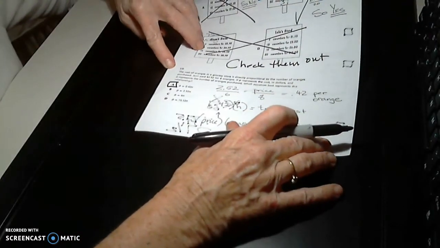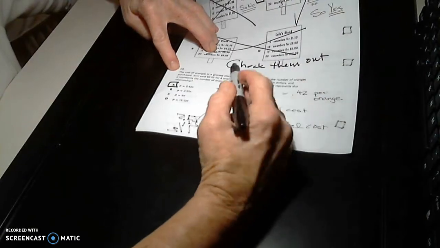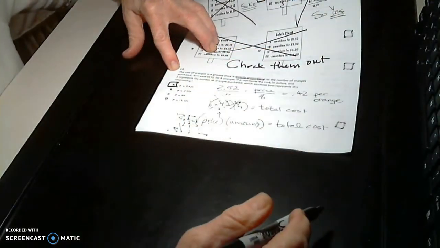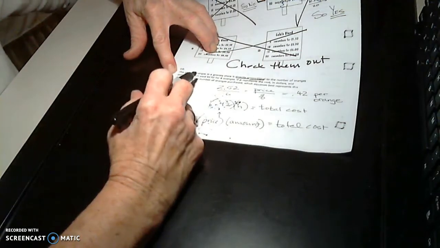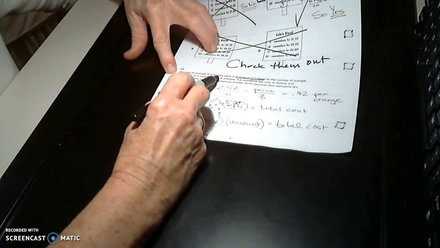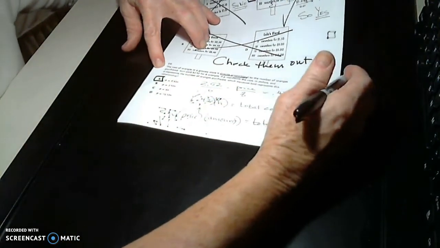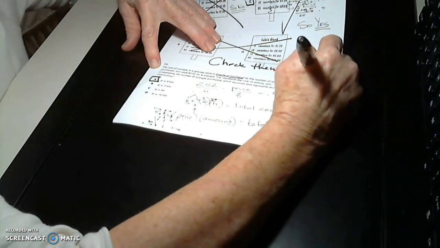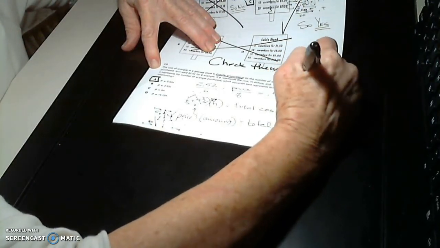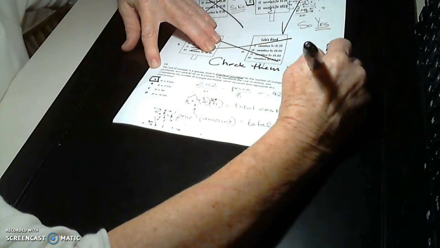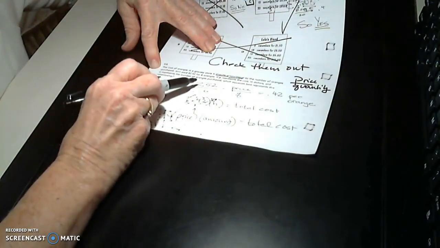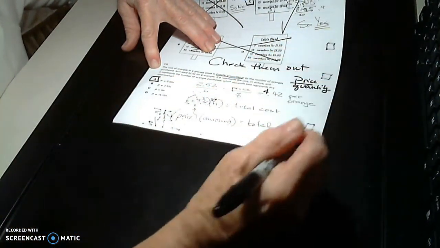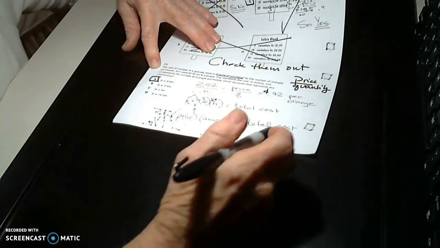Question number 10. The cost of oranges in a grocery is directly proportional to the number of oranges purchased. So since Jerry paid $2.52 for 6, I'm going to do a unit price. Remember, it's always my price divided by my quantity to find my unit price. So I take $2.52, I divide it by 6 on my calculator, I get 42 cents per orange, which sounds about right.